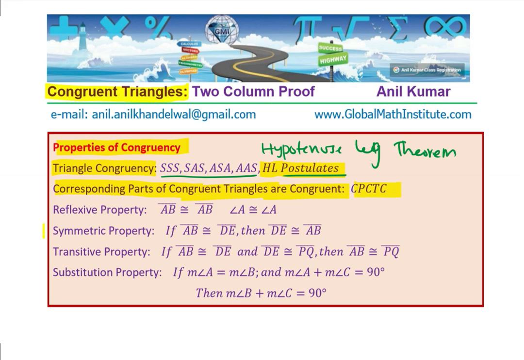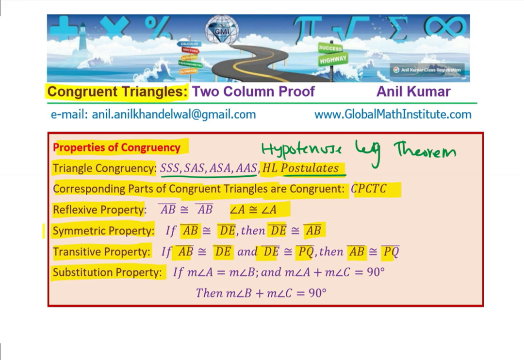Then there are 3-4 important properties which you should keep in mind while writing your statements. First, the reflexive property, which means that A is equal to A, as shown here. Then we have the symmetric property: AB is congruent to DE means DE is also congruent to AB. And then the transitive property: if AB is congruent to DE and DE is congruent to PQ, then AB is congruent to PQ.